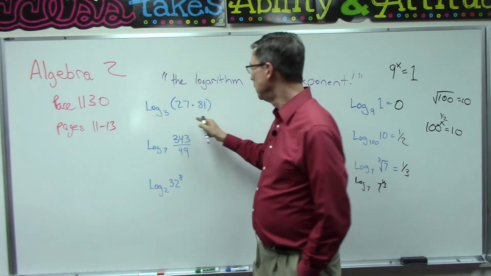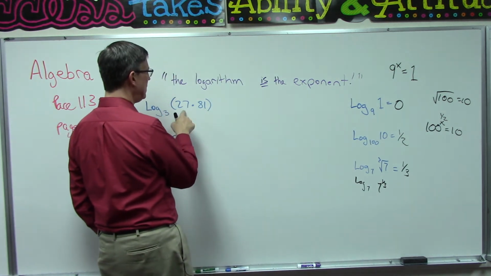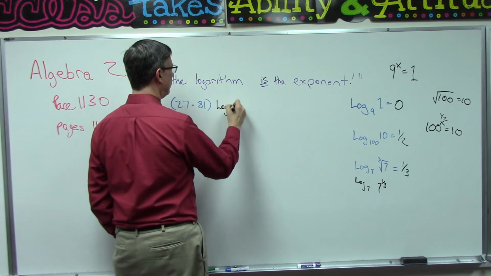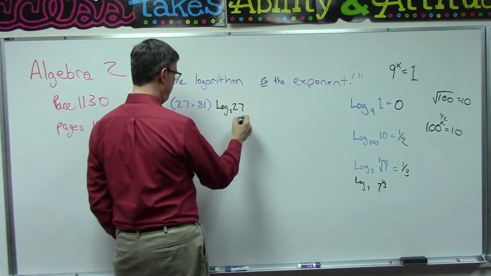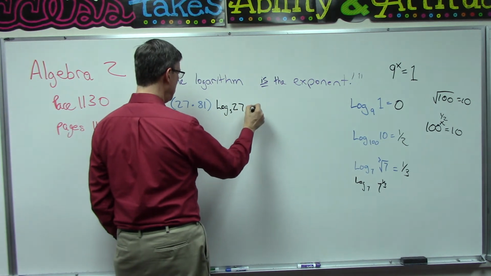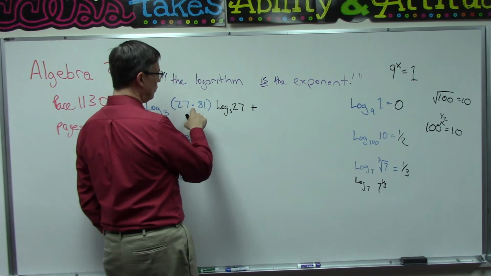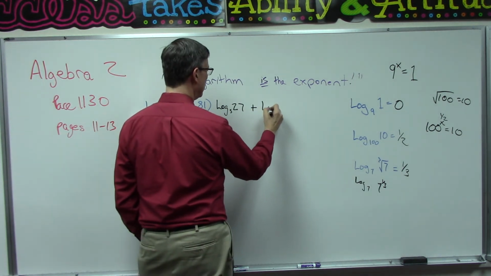We can first find the log to the base 3 of the 27, and then we're going to add. Since this is multiply, the rule is we'll add the answer to these two parts.